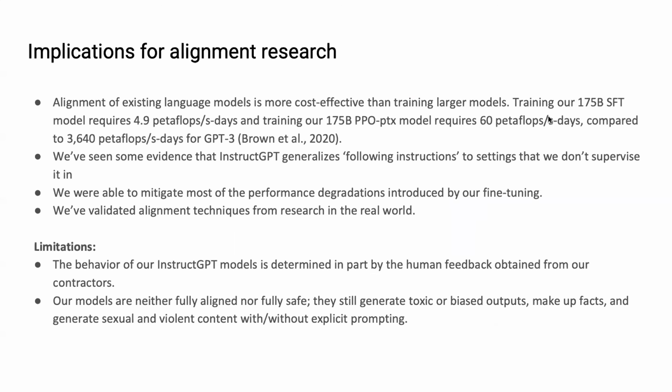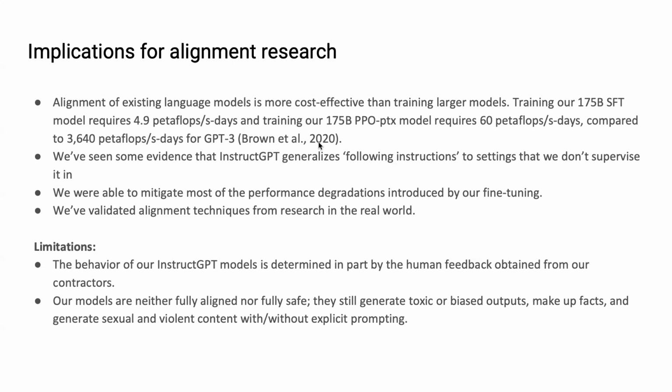They also report the computing resources required to train the model. They train this 175 billion supervised fine-tuning model, which requires 4.9 petaflops/s-days. And training the policy model through reinforcement learning requires 60 petaflops/s-days, compared to 3,600 to train GPT-3 with language modeling.